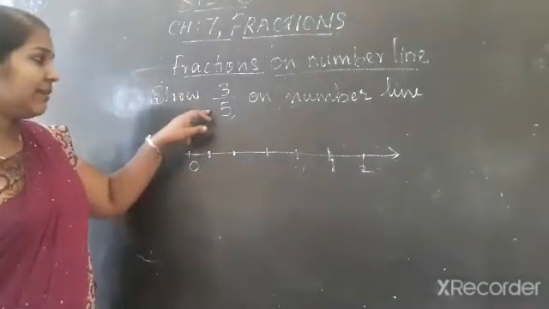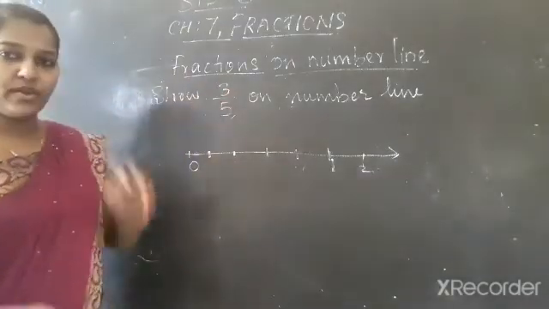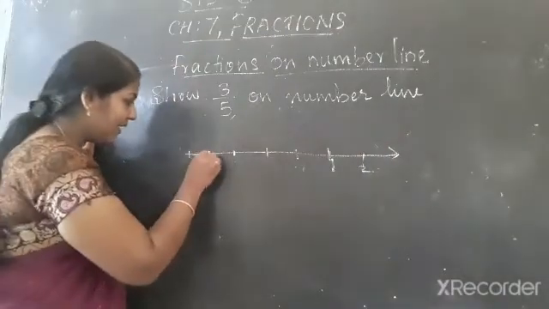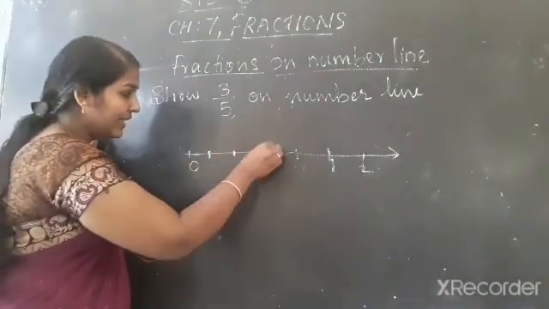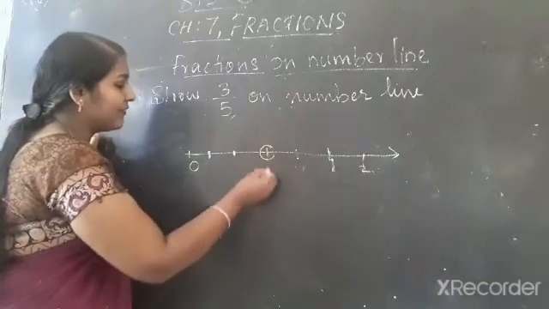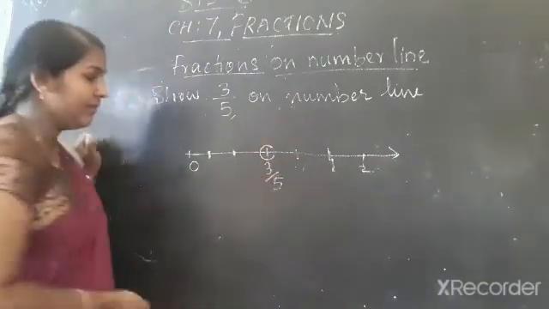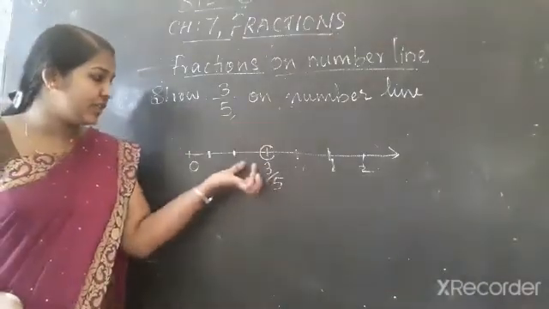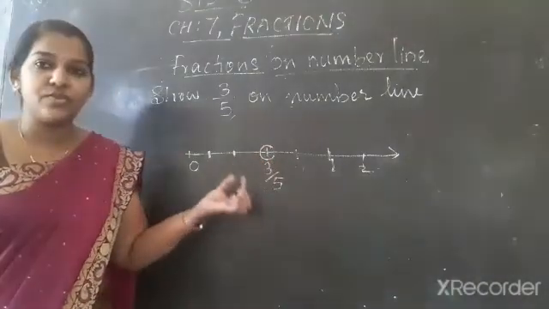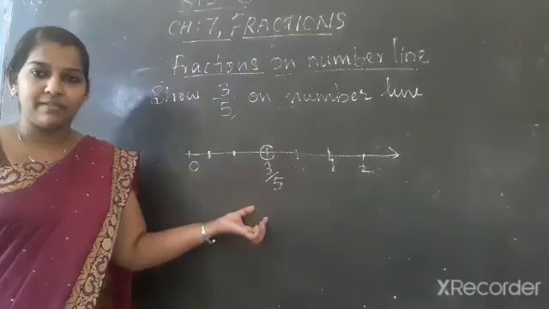And among these, the third point, that is 1, 2, 3, this point shows the fraction 3 upon 5. Okay, children, so this third point shows the fraction 3 upon 5.